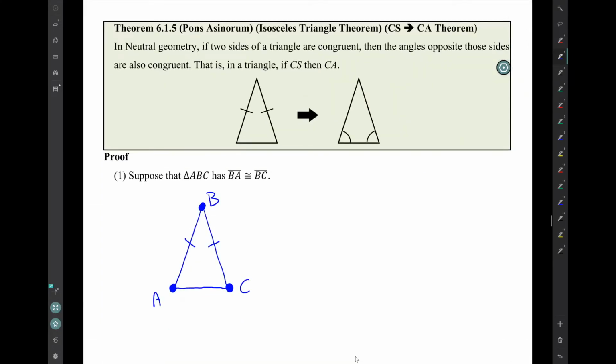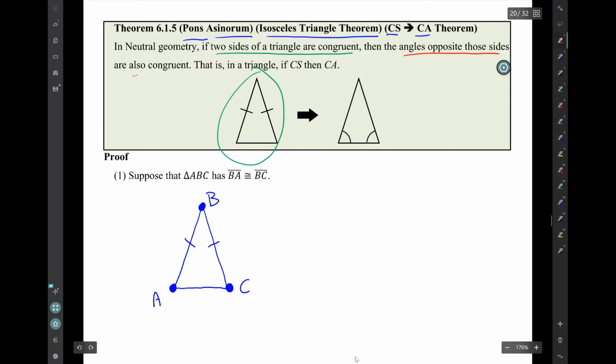Theorem 6.1.5, the Isosceles Triangle Theorem, also called Pons Asinorum in the book, I prefer to call this CS arrow CA, says this: in a neutral geometry, if two sides of a triangle are congruent, that's this picture, then the angles opposite those sides are congruent. That's this picture.